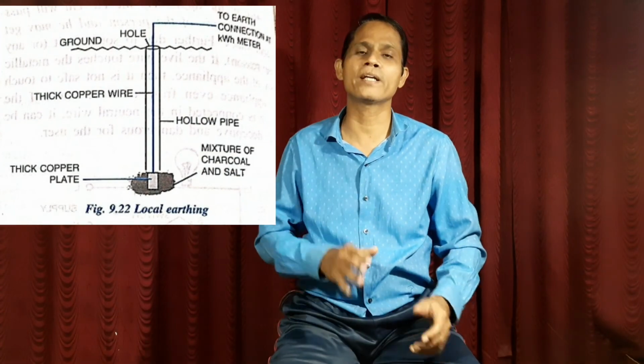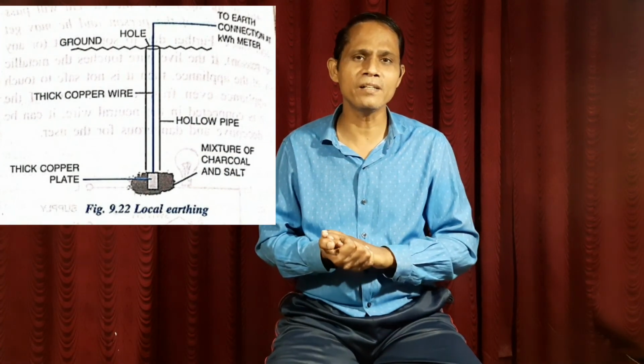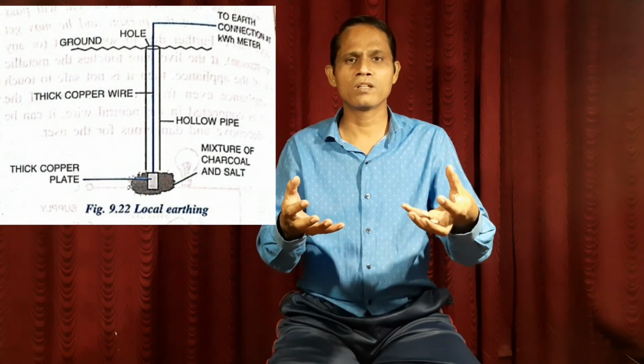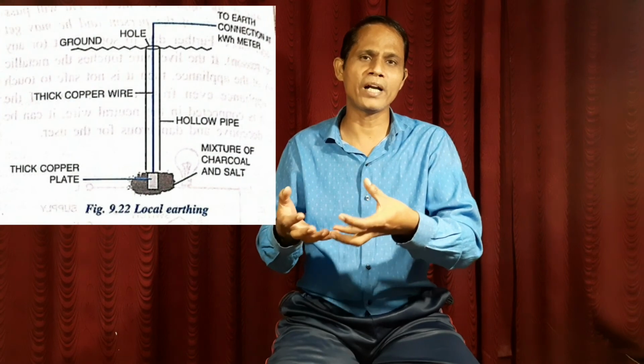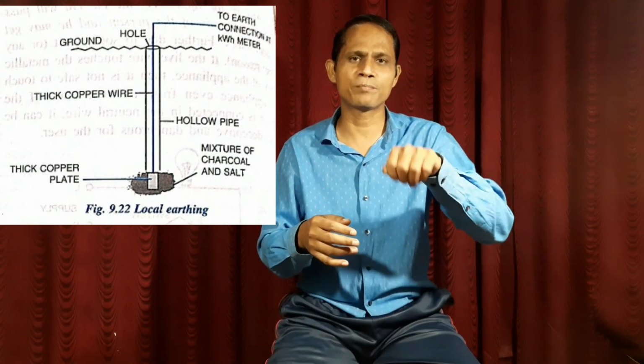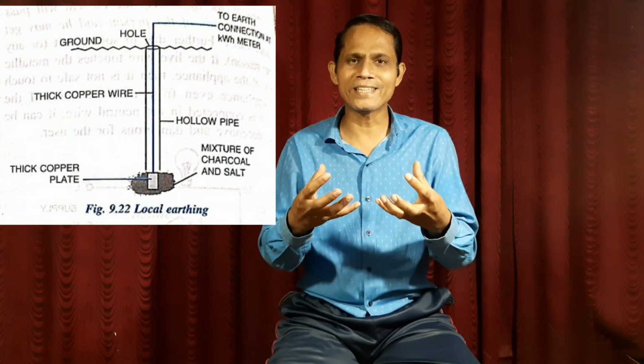As you can see over here, a PVC pipe is there. It is buried, and a small amount of charcoal and common salt is also buried inside, and some water is poured inside to make it conducting, so that the whole current can go inside the earth.